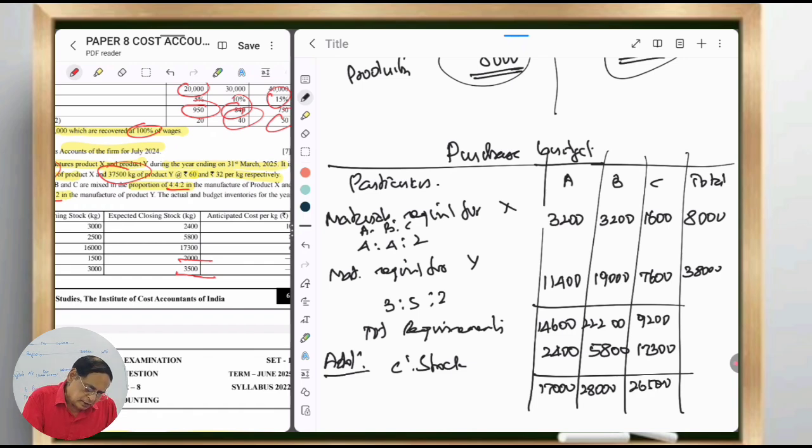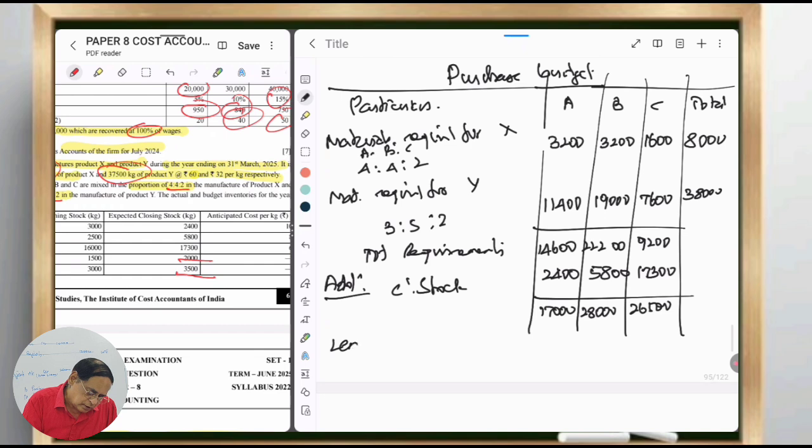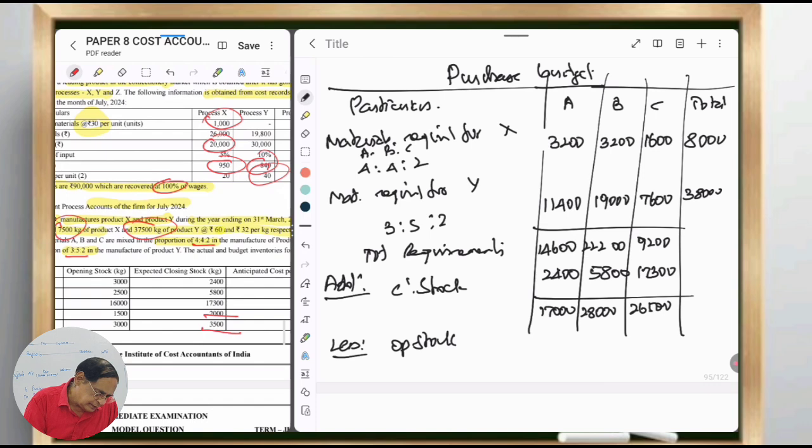Then less opening stock. How much is the opening stock? These three: 3,000, 2,500 and 16,000.